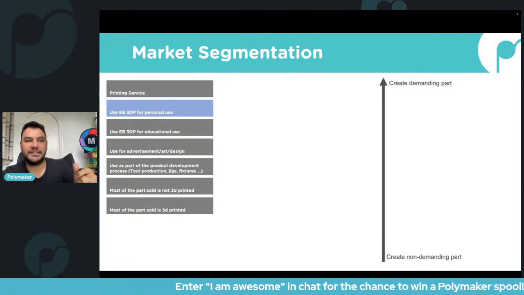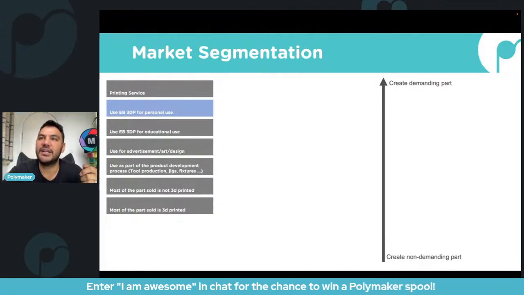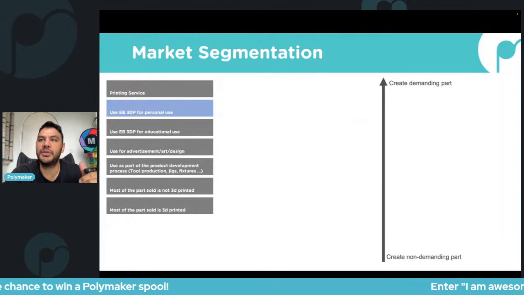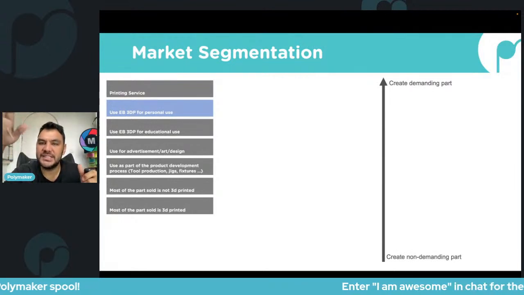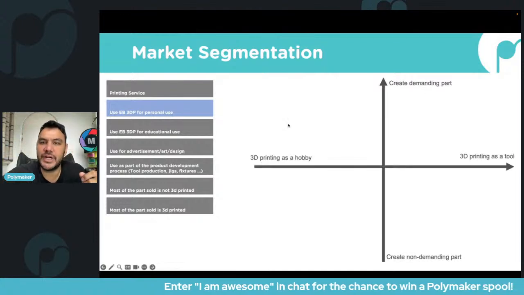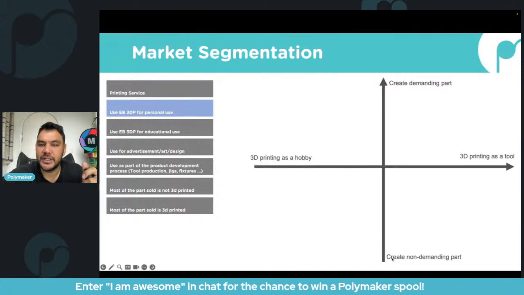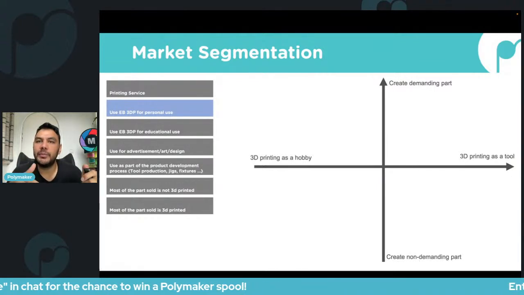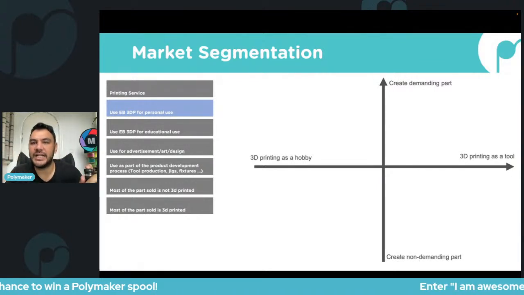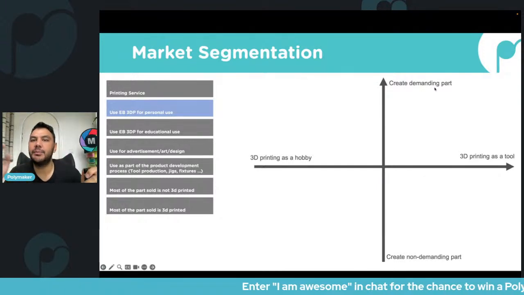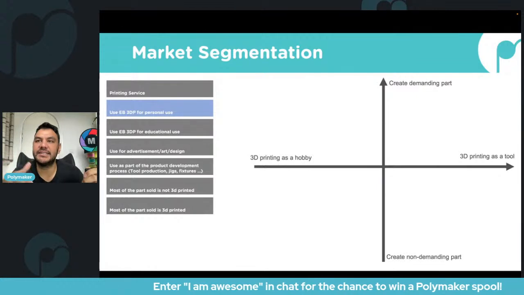Most of you, I guess, are using it for personal use. I mean, you can use it for both professional and personal, but most of you are personal use, right? So this is how I did it. I draw a graph from, you create non-demanding parts, so you care more about the aesthetic than the functionality, to, you create demanding parts, so you care more about the functionality than the aesthetic.